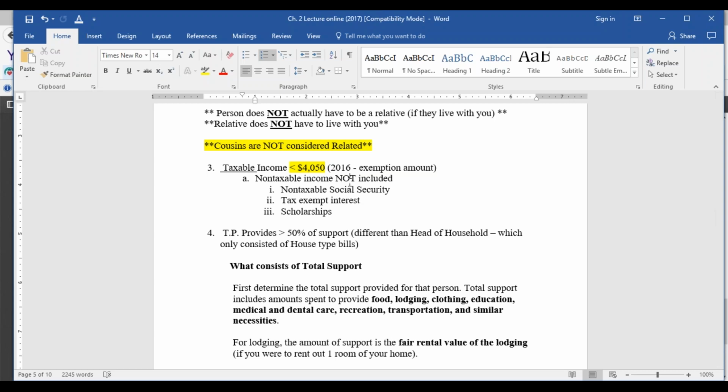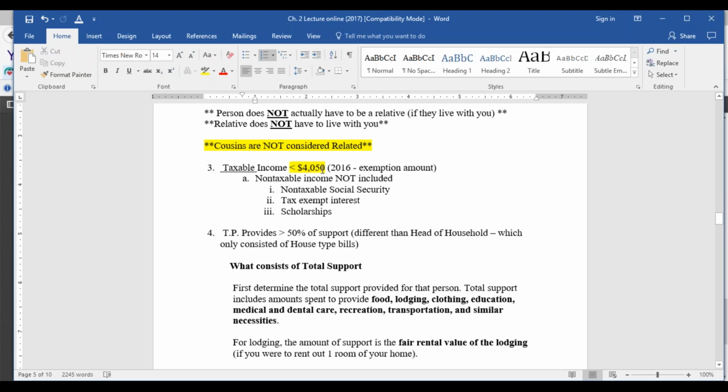For a qualifying child, the only requirement is that they don't provide over half their own support. They can make $10,000 if they're maybe a senior in high school. With this, if a person makes $10,000, still not a lot, you're probably still going to have to support them, but you would not be able to claim them on the tax return.